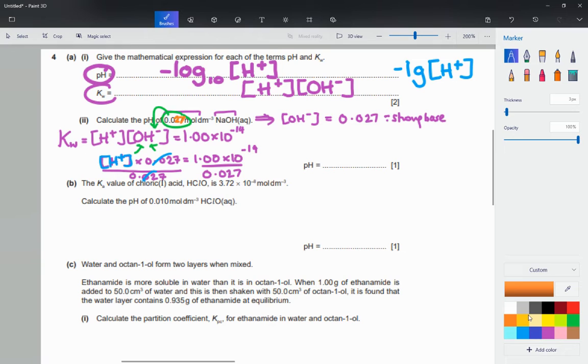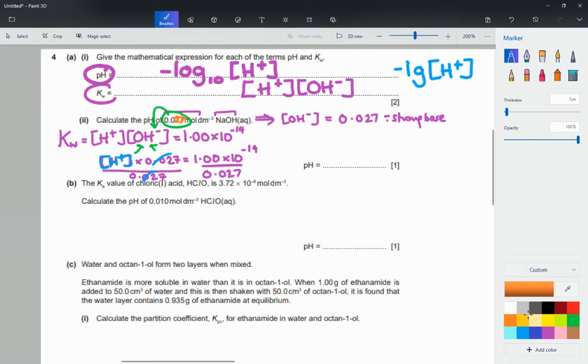Now, at this stage, it is very useful to do a quick check within the question: how many significant figures do I need to use in my answer? Because you're going to come out with an answer here. Justifiably, you've got 2 decimal places, 3 decimal places, and also 2 significant figures. So what do we do?